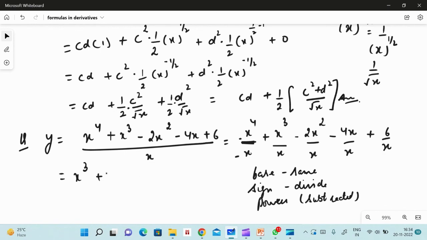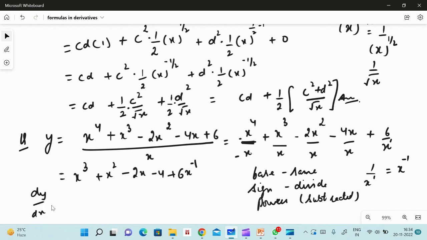So I will get x cube plus x square minus 2x minus 4 plus 6x power minus 1. Okay, when we take this x as a numerator, here it is x power 1. So when we do the reciprocal of this, 1 upon x power 1, it will become x power minus 1. Okay, so this is my equation.